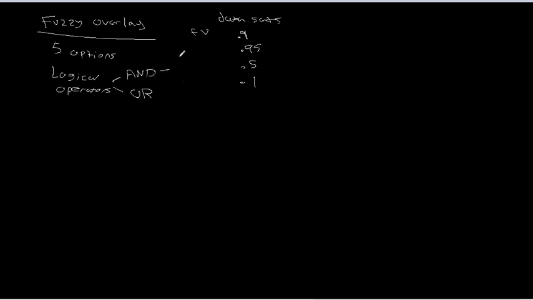AND basically means all of the layers matter, right? And so if all of the layers matter, then we have to take the lowest. With OR, we're basically saying we only need one piece of suitable habitat for the whole thing to be suitable. We don't necessarily care which one it is.